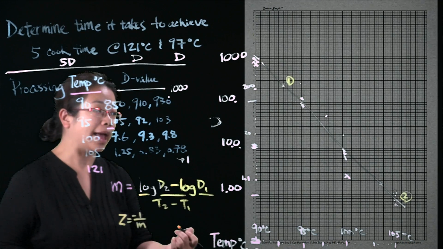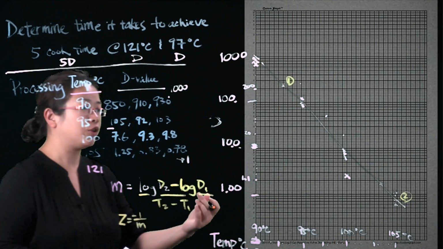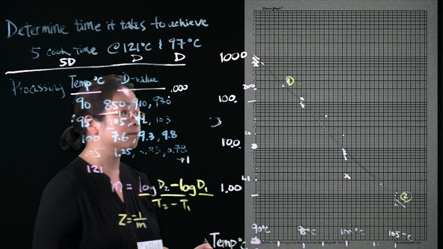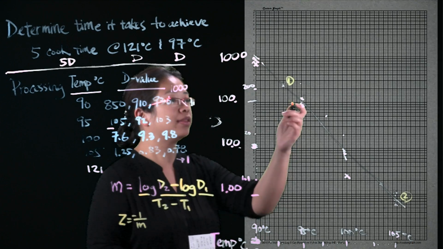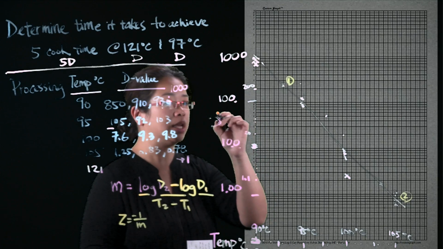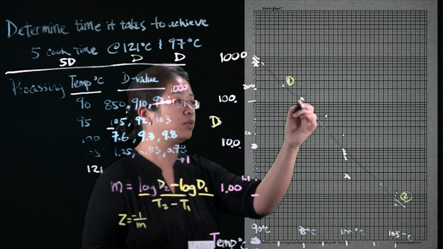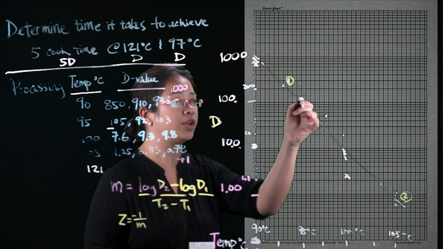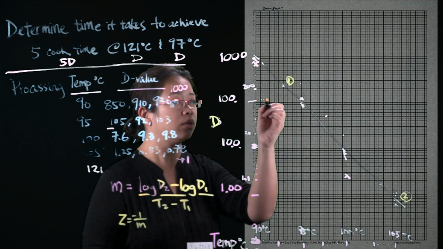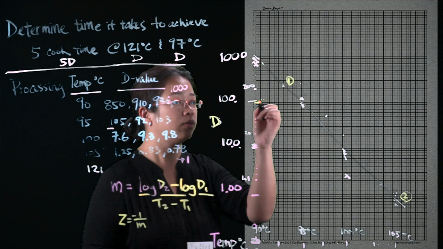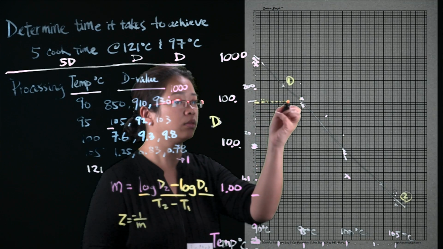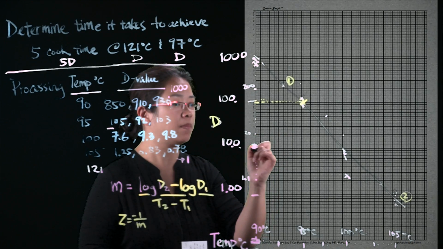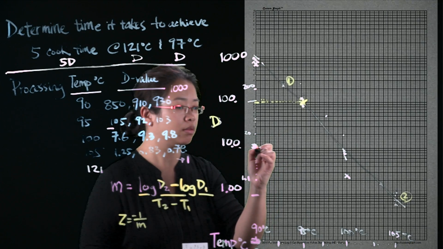With the data graph here, we can also find our Z value visually. Z is the temperature change that gives a reduction of D over a log cycle. So we can pick a number here from 100, and then we can pick a number from 10.